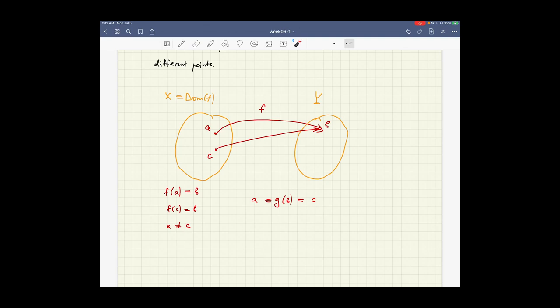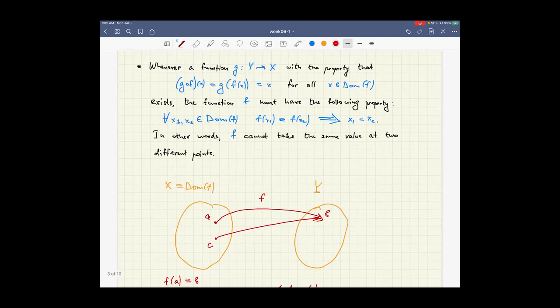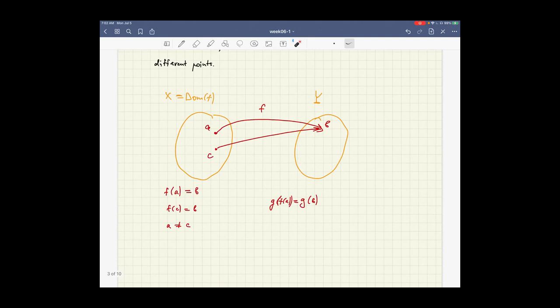Because B here is f at A. On the one hand, B is f at A. And so by our requirement, g of f of x is x. So g at f at A must be A.